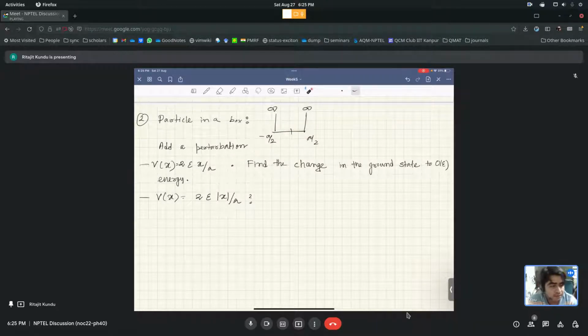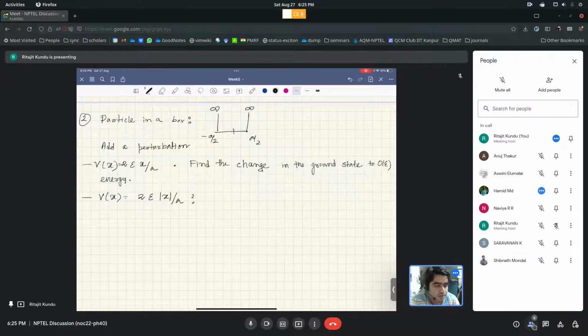So can anyone remember what the solutions are for the eigenstates of a symmetric particle in a box? Can anybody from the audience say what the solutions are in this case?